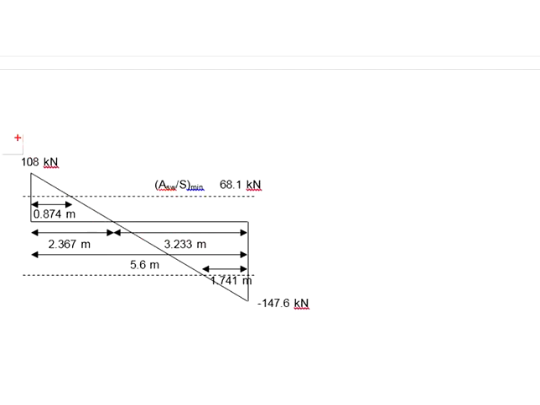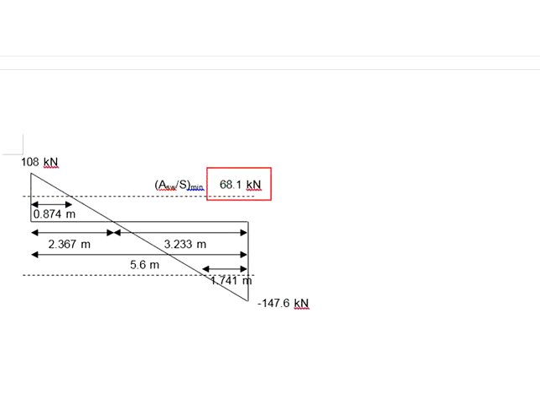Now refer to the shear force diagram. 108 kN at one end, 147.6 kN at the other. Draw two lines for 68.1. Knowing where the shear force diagram intersects at the 0 kN, then you can do some interpolations to find this distance.